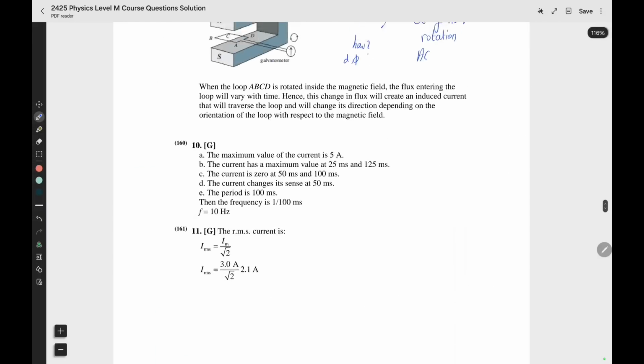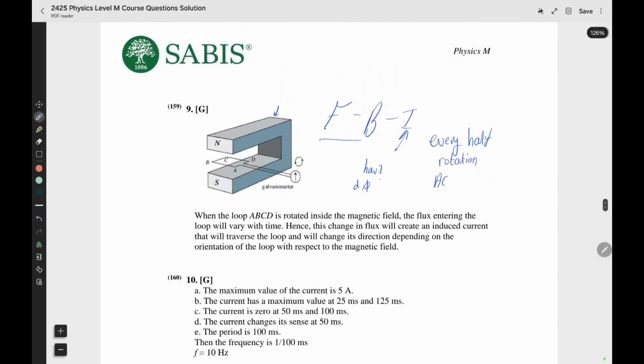But you should know that, very, very easy. If it comes in the written, okay? If a loop is rotating inside the magnetic field, it causes a change in flux, which causes induced current. What's gonna happen to induced current? It changes direction. You could say later every half loop.